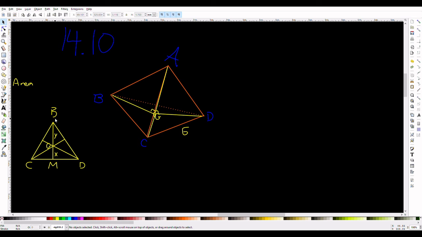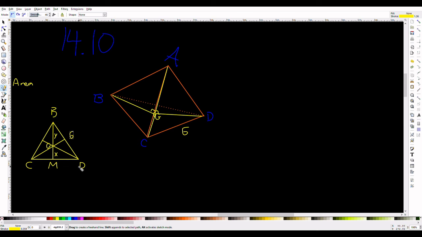What is BM and what is BG? We only know that these side lengths are 6. But we're dealing with a 30, 60, 90 triangle, and that might help us find BM.